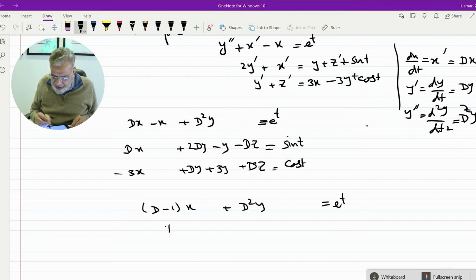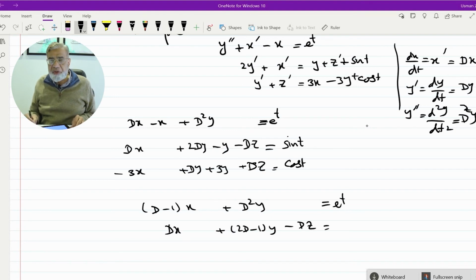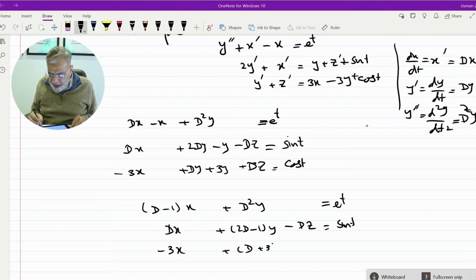Then we have dx, we take y common, we get 2D minus 1 times y minus dz, and on the right hand side we have sine t. In the third equation we have minus 3x, where minus 3 is the coefficient of x, and then taking y common we get D plus 3 as the coefficient of y, then plus dz equal to cosine of t.